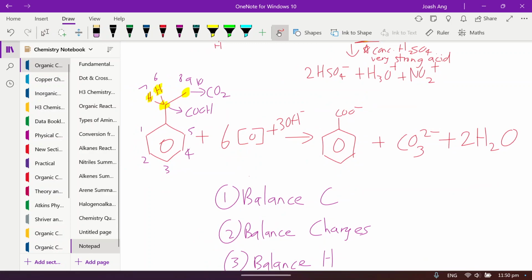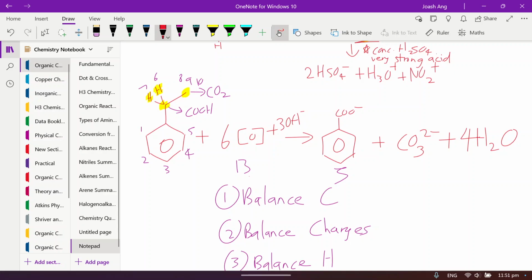There are 13 hydrogens right here. So in this case, you will need 8 more hydrogens, so instead of 2, we will make this 4. Okay? So now we balance oxygen, the last one.